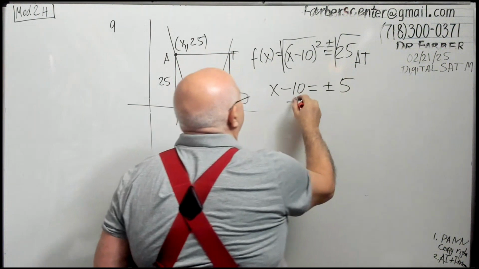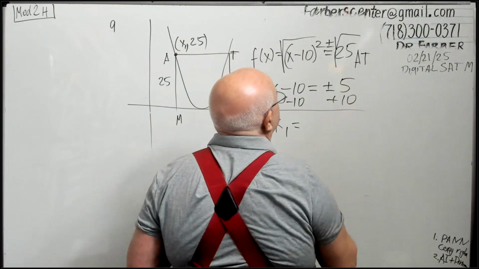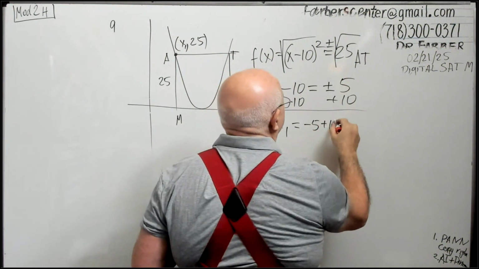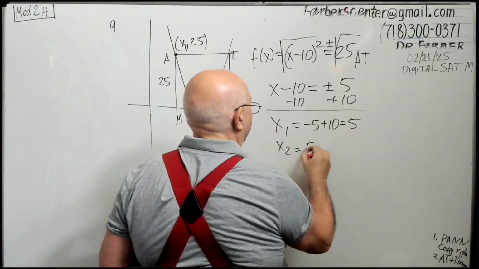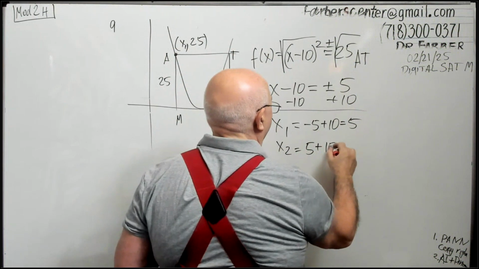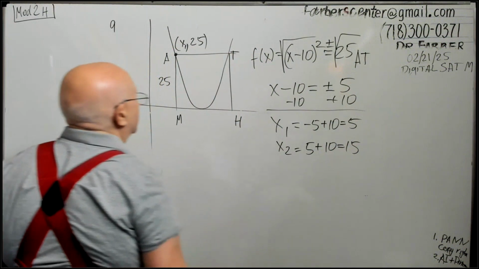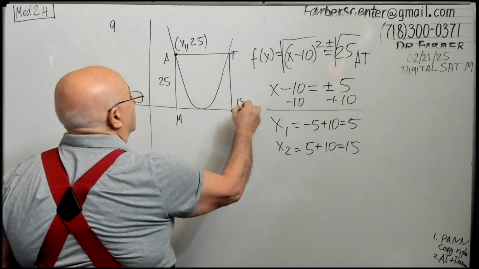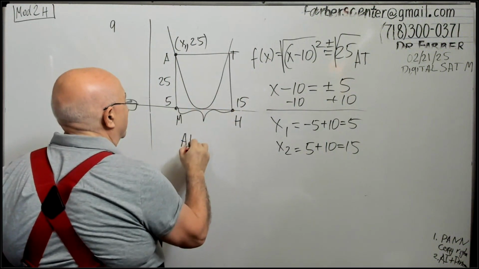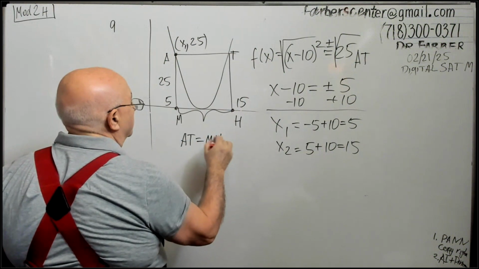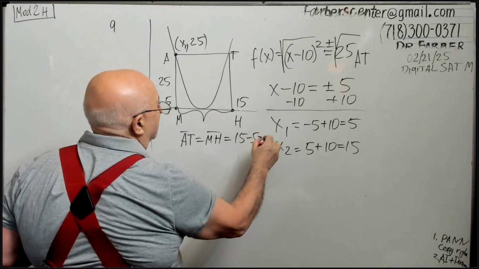Or plus 10 and plus 10. X1 equals -5 plus 10, which is 5. x2 equals to 5 plus 10, which is 15, right? So what is it? This is 15, and this is 5. How to find this length? AT equals to MH, the parallel, equals 15 minus 5, which is 10.